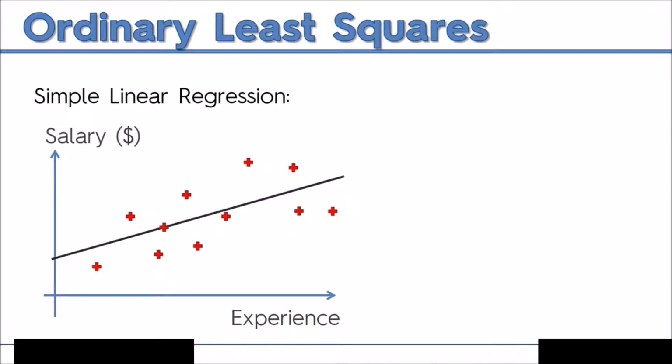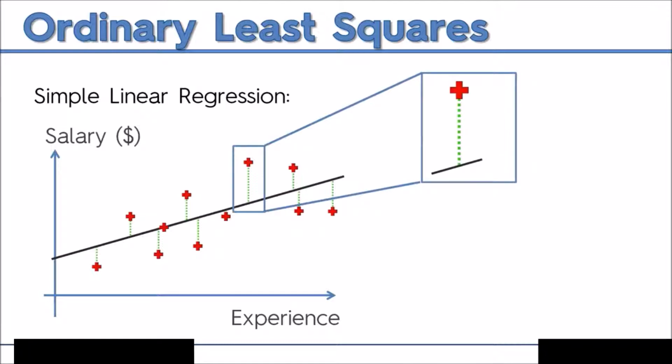So now let's draw some vertical lines from the actual observations to the model. And let's look at one of these specific examples to understand what we're talking about here. Here you can see that the red cross is where that person is sitting in terms of salary. Let's say this person with 10 years of experience is earning $100,000.